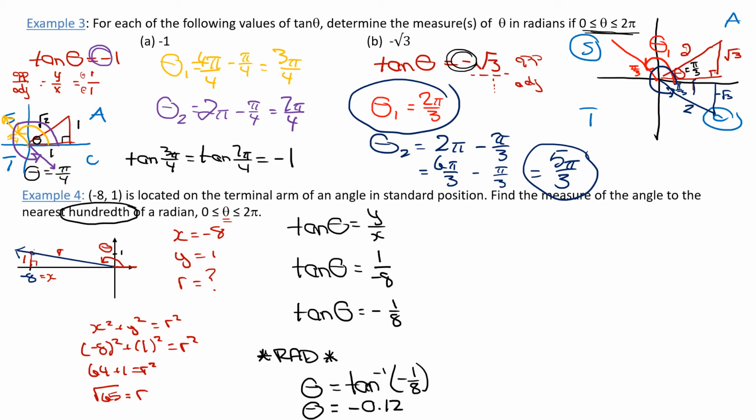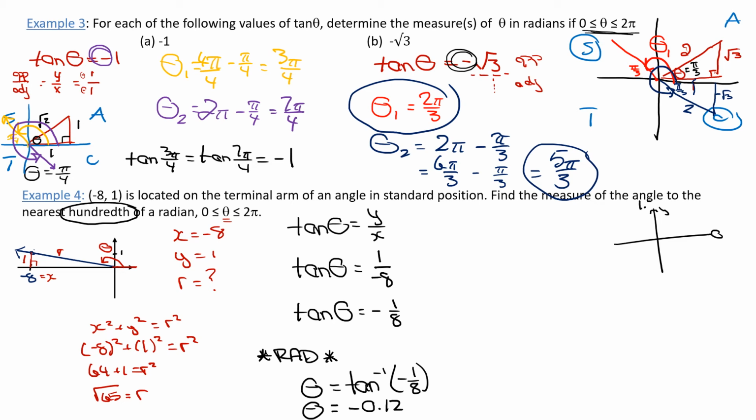Theta equals -0.12. Okay, let's get a visual on that one here. Over to an x and y axis. So we know this is 0. Up to the top of the y-axis there, that's 90 degrees, which we now know is pi over 2. So with your calculator, if you do pi divided by 2, 3.14 divided by 2, you're going to get 1.57. I'm going to write it in decimals, only because this question is in decimals.